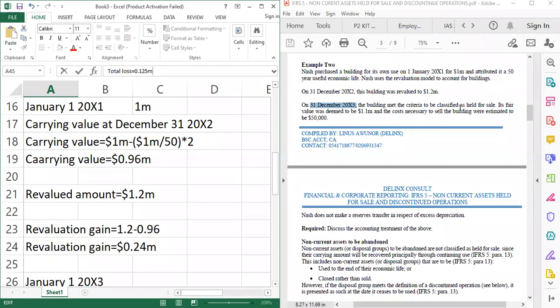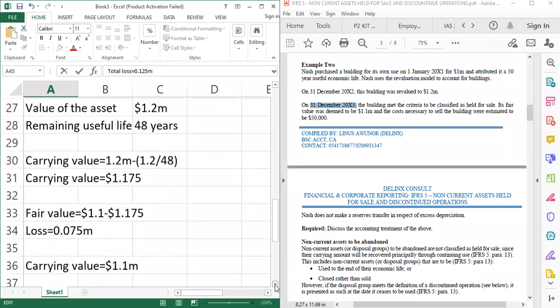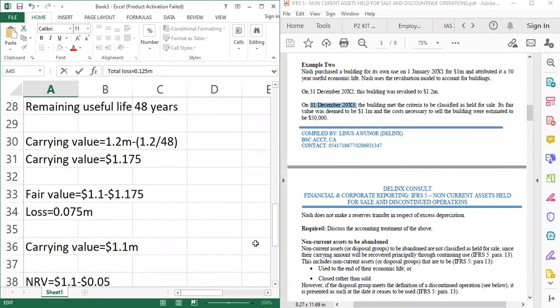So if you measure it to fair value, you are going to have a revaluation loss of 0.075. Then you now classify the asset as held for sale by comparing the carrying value with the net realizable value. If you do that, you see that the carrying value is still higher than the net realizable value. You still recognize a loss of this.